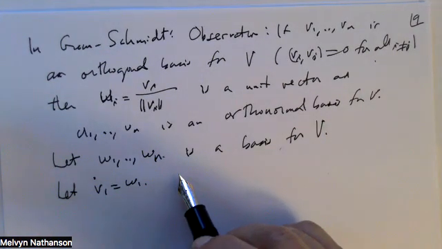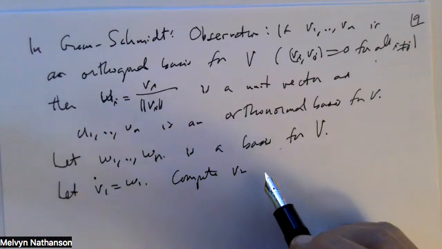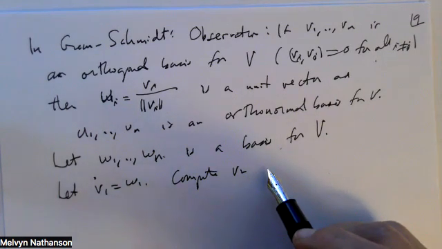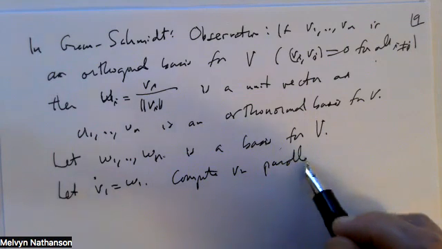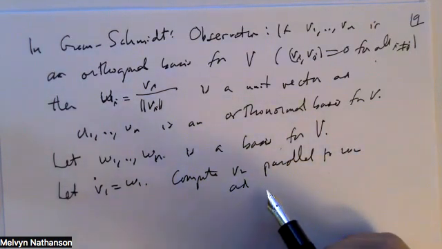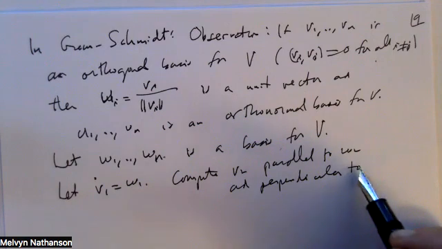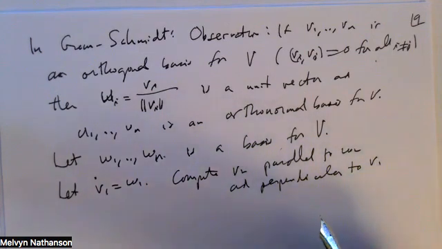So we want to compute a vector V2 parallel to W2 and perpendicular to V1. But we know exactly how to do that.